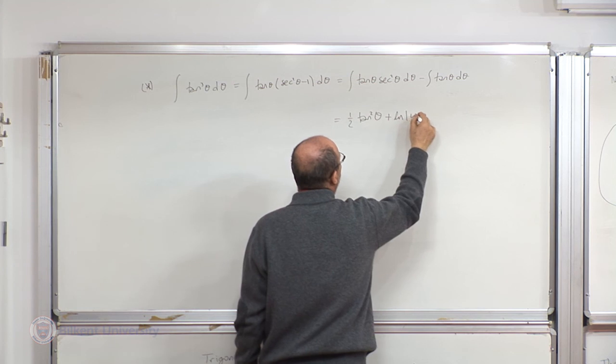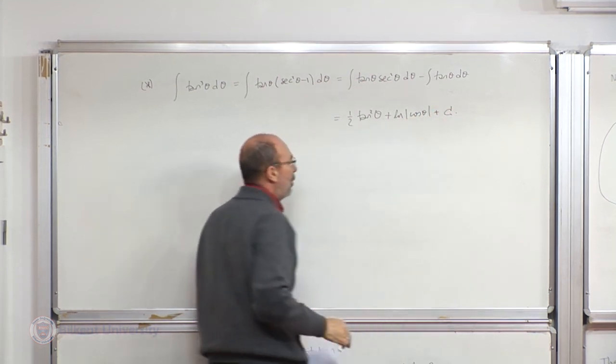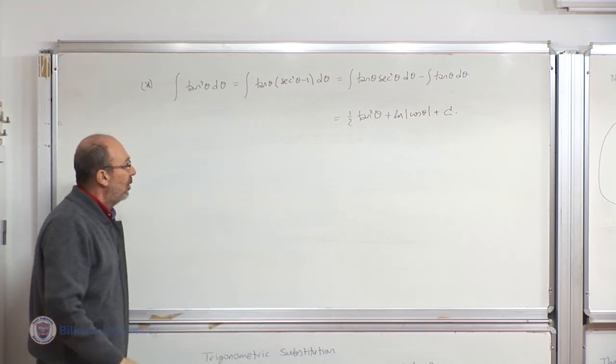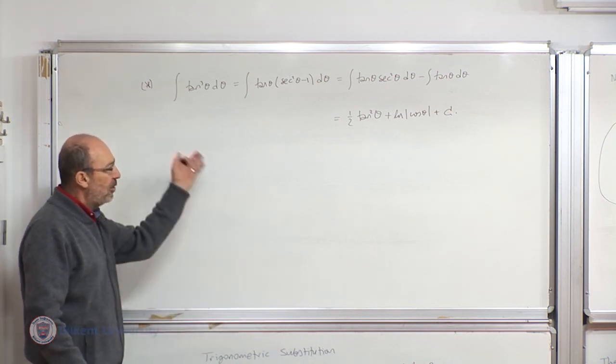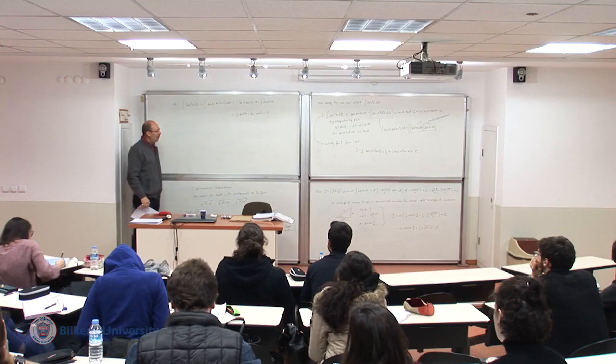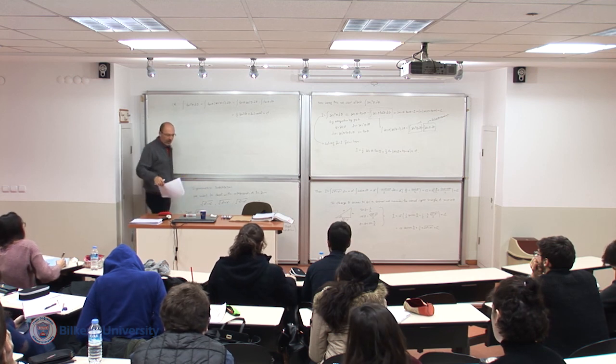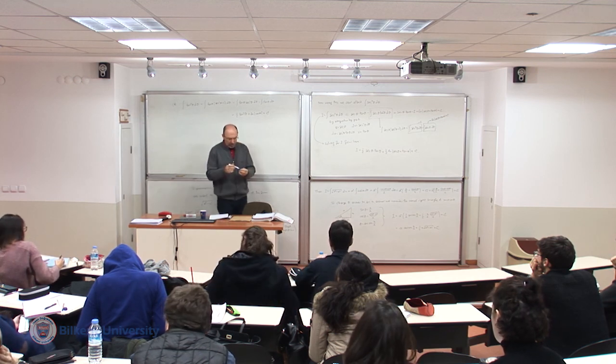Plus ln of cosine theta plus a constant. So tangent cube was much easier than the secant cube. Okay, so that's all for these trigonometric substitutions. Now you'll have your quiz.